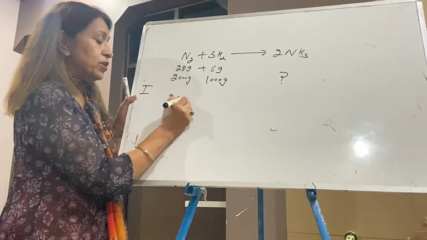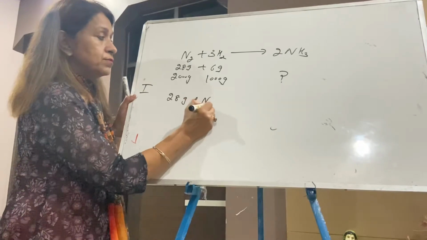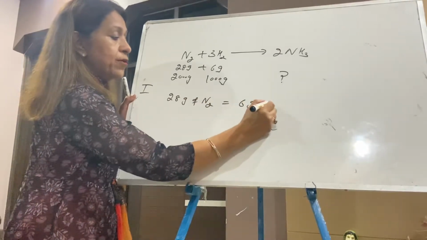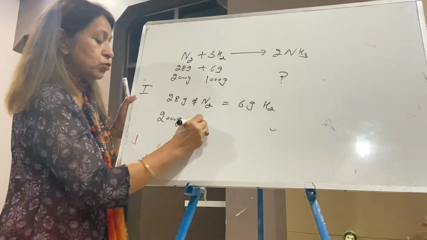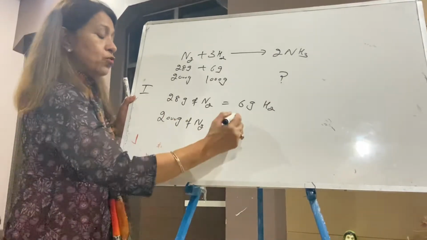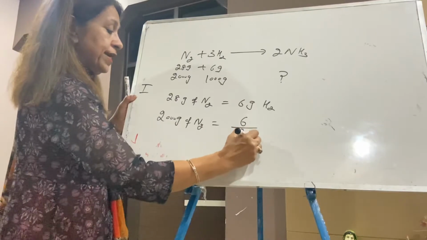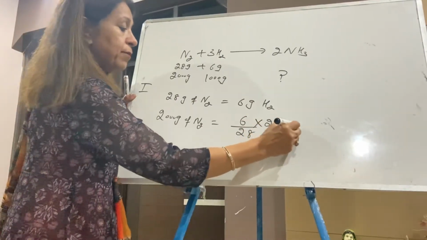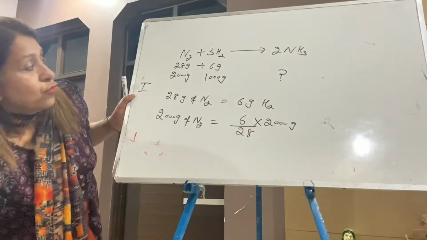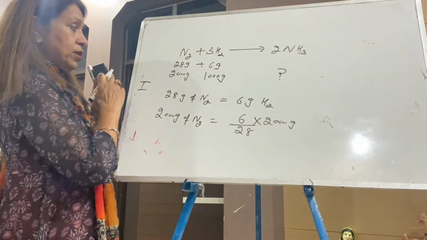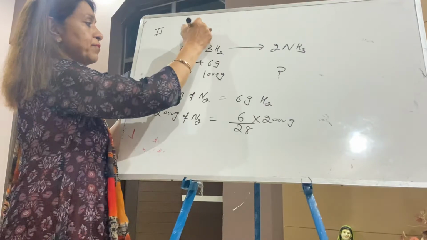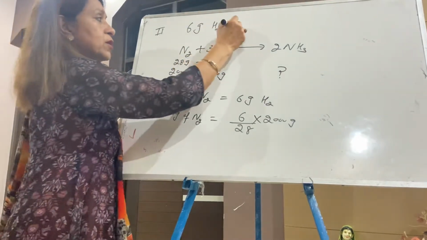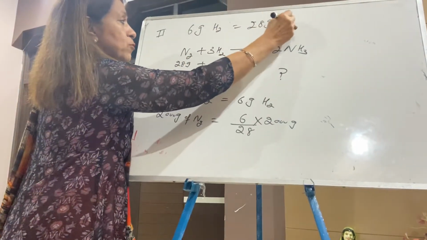Start. 28 gram of nitrogen is equal to 6 gram hydrogen. Then 2000 gram of nitrogen is equal to how much? This is 6/28 into 2000 gram. We'll calculate it soon. After that, apply the second: 6 gram hydrogen reacts with 28 gram nitrogen.